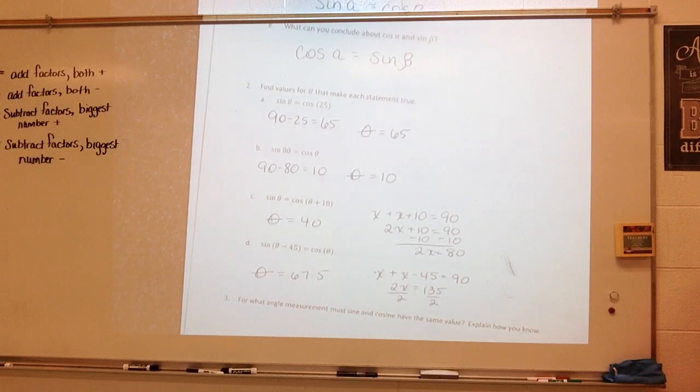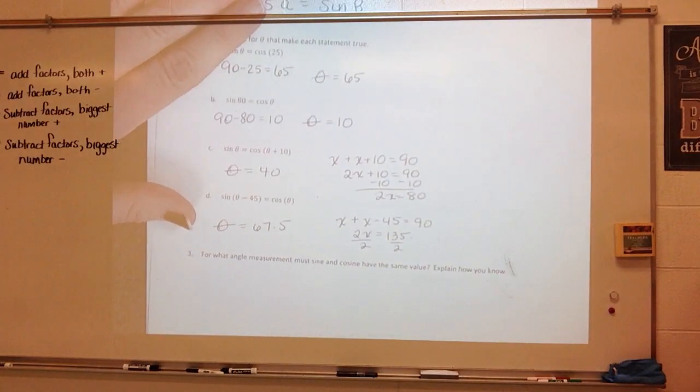For what angle measurements must sine and cosine have the same value? Explain how you know. Sine and cosine would have the same value if the angle were 45 degrees.